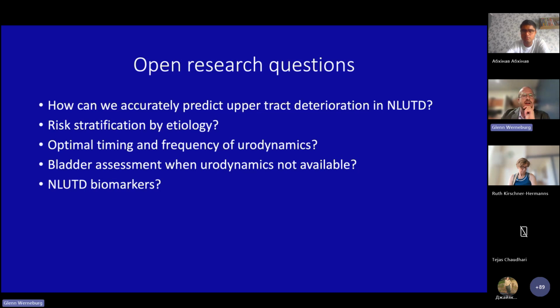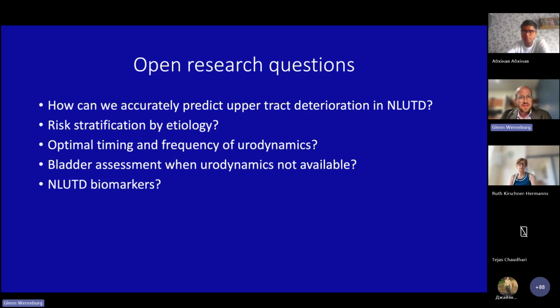How do you stratify by the etiology of the condition? What about the level of spinal cord injury, for example? Is that important? These are things that haven't been evaluated very comprehensively yet. What's the optimal timing and frequency of urodynamics? We have some very interesting work coming out of our colleagues' group, particularly the president of INUS, Professor Kessler.